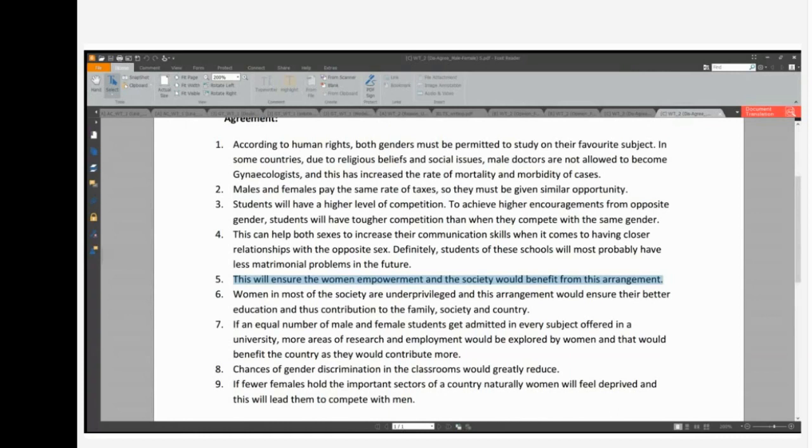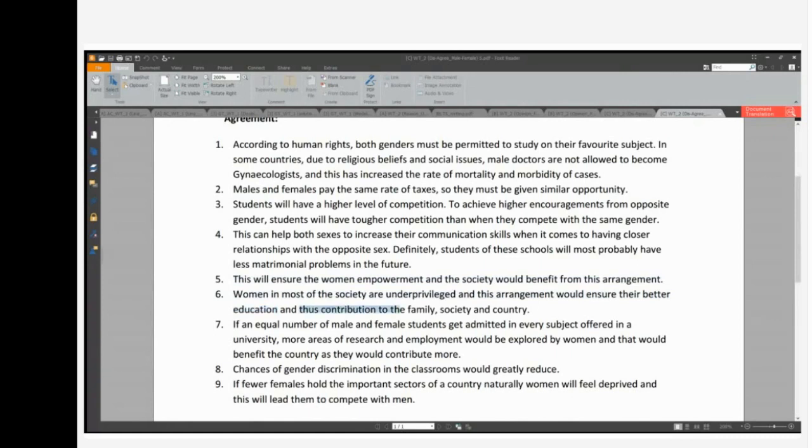So we can also say another point, that women in some societies are underprivileged, and this arrangement will ensure their better education and thus contribution to the family, society, and country.